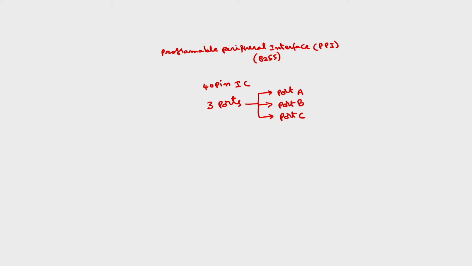And it can operate in 3 different modes called mode 0, mode 1, mode 2. Port A can operate in all the 3 modes, port B and port C can operate in only 2 modes. Okay. So, the detailed pin diagram and the architectural diagram, we will discuss in the next slide.